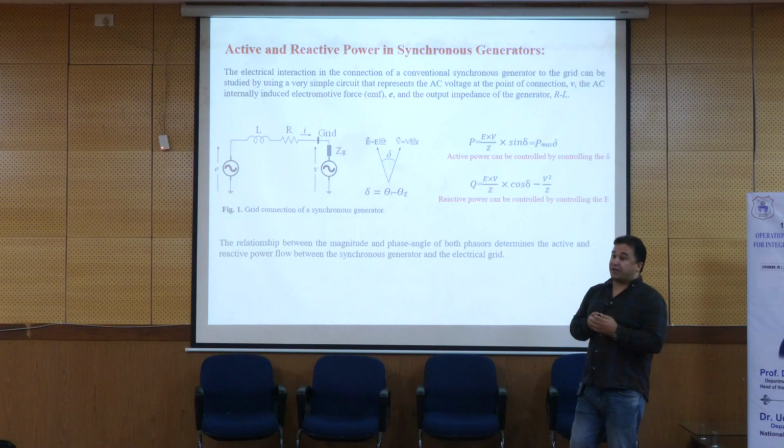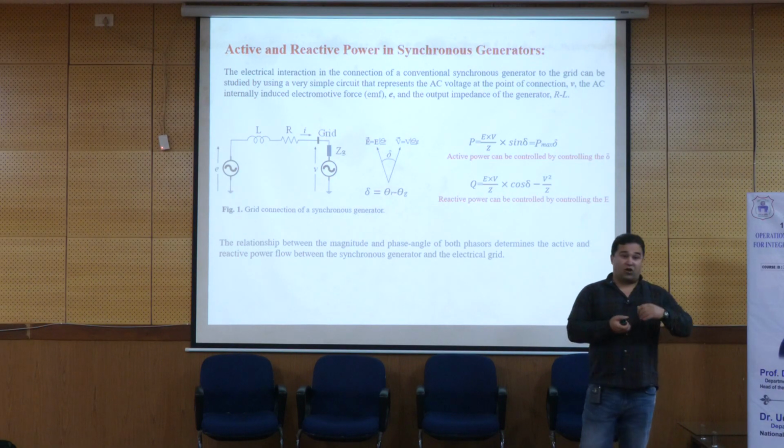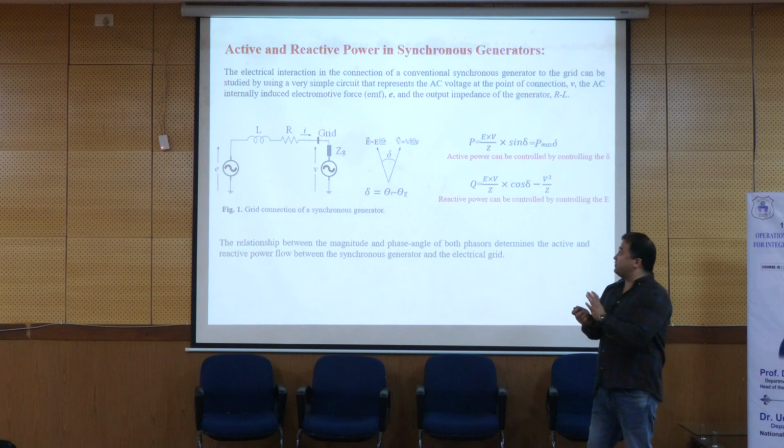But because we don't have something like a PLL, we cannot consider what is the value of the theta in the grid. And always we have a phase shift between the voltage of the synchronous generator machine and the grid.